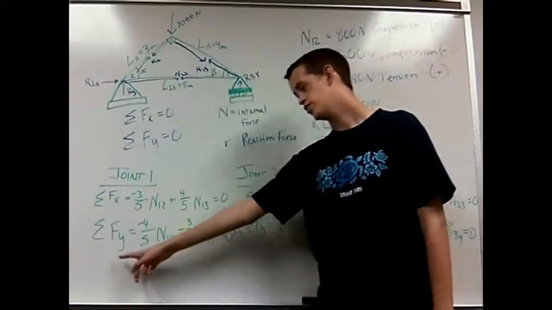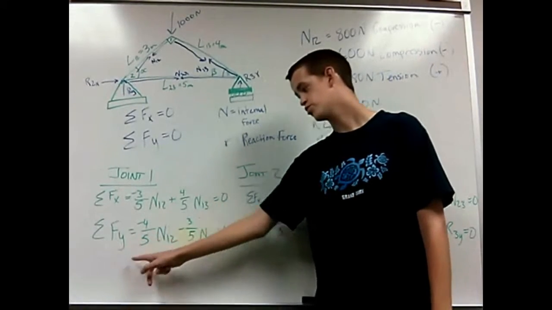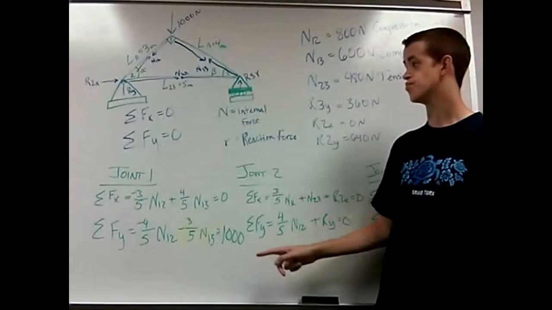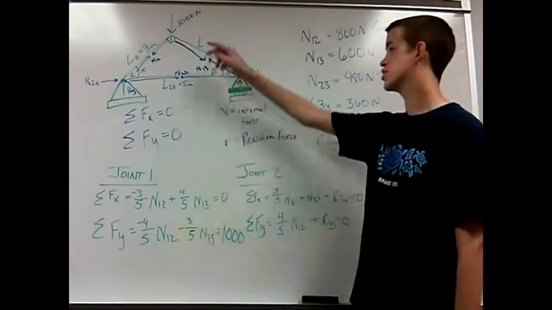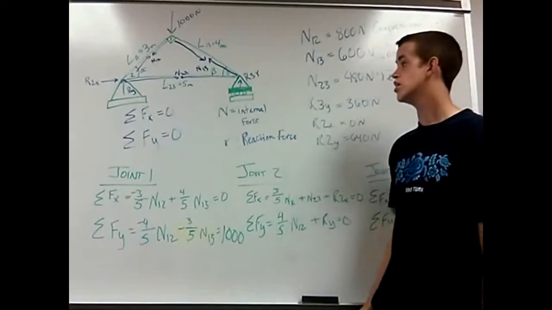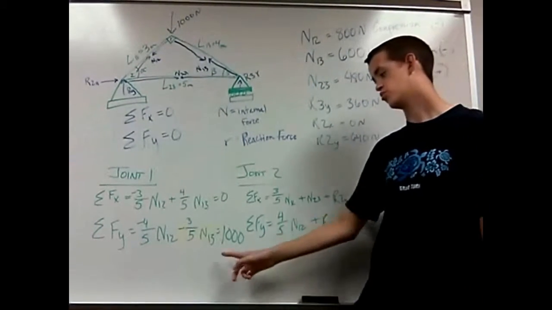Also, we need to set up the sum of the forces in the y direction, and that's going to be equal to 1,000. This has to occur because the 1,000 newton force from above is acting on joint 1.